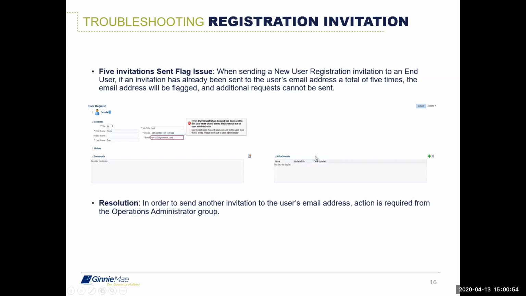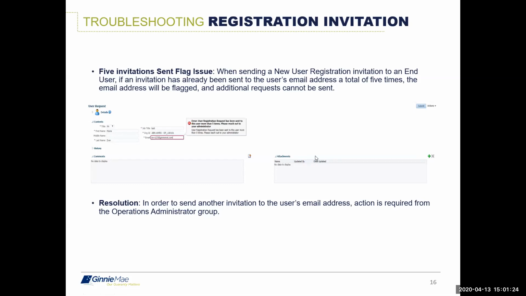Okay, now this is a warning after the 5 invitation flag issue. When sending a new user registration invitation to an end user, if an invitation has already been sent to the end user email address a total of 5 times, the email address will be flagged and additional requests cannot be sent. So after 5 tries, you won't be able to send another one.